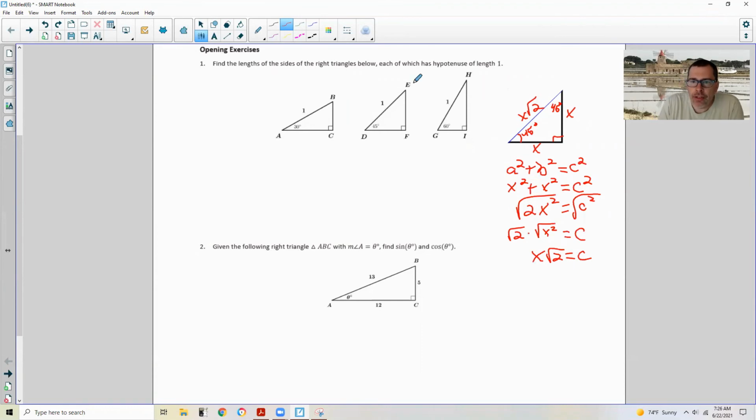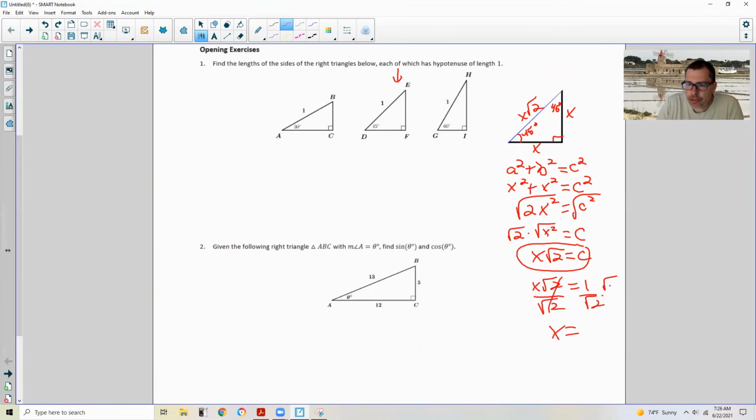So that will take us to this. If the hypotenuse is 1, then these 2 sides are what? Well, if c is 1, then x square root 2 equals 1. Divide both sides by the square root of 2, and I get x equals 1 over root 2.